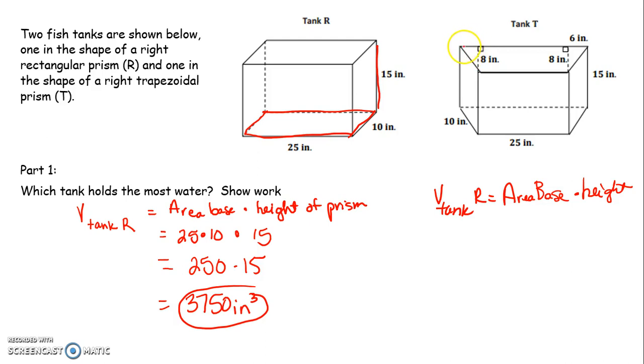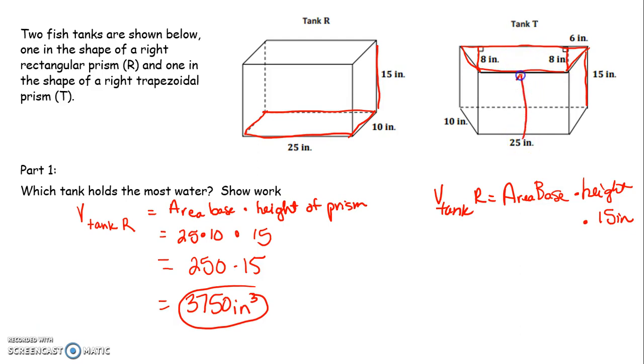So we'll take the area of the base, and once we find the area of that base, we'll just multiply that by the height of the prism. The height of your prism is 15 inches, so I'll go ahead and write that in. For the area of the base, I'm going to break this up into 2 triangles and a rectangle.